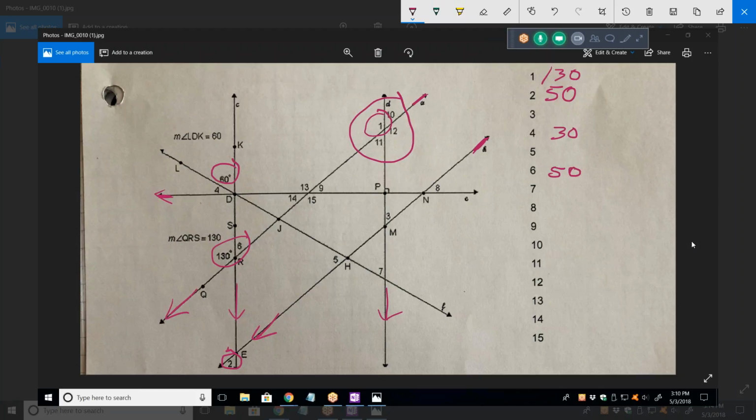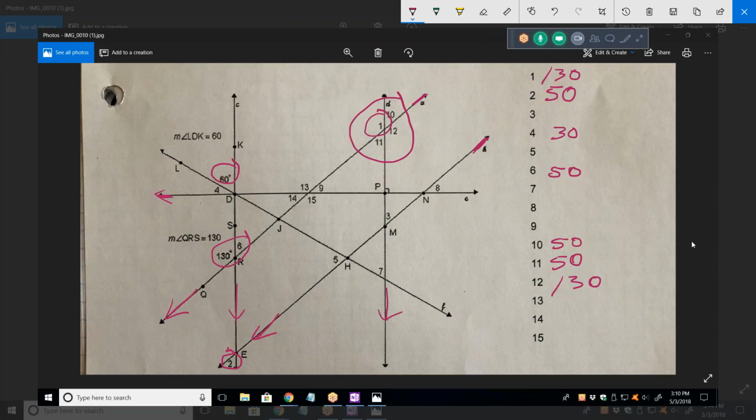And angle 12 is? 130 degrees because they're equal. And angle 10? 50 degrees. And angle 11? 50 degrees. Angle 12 we did.